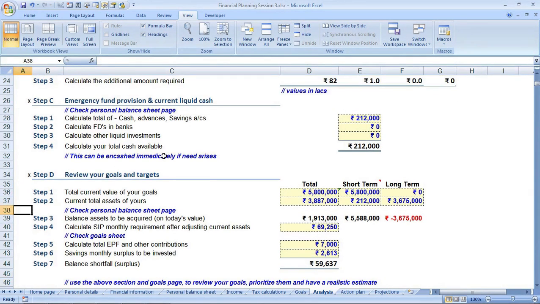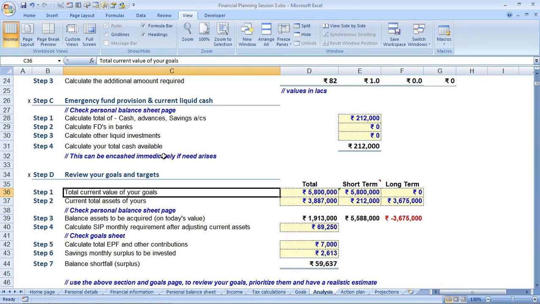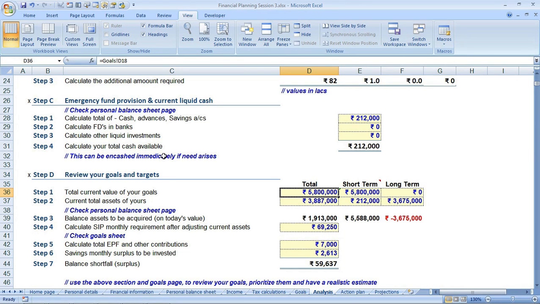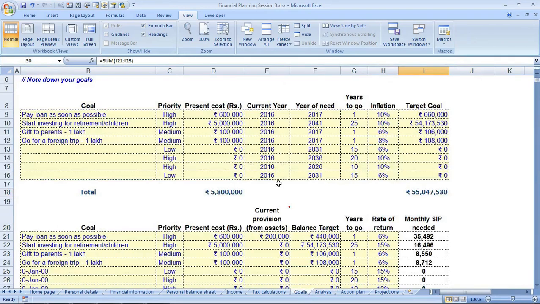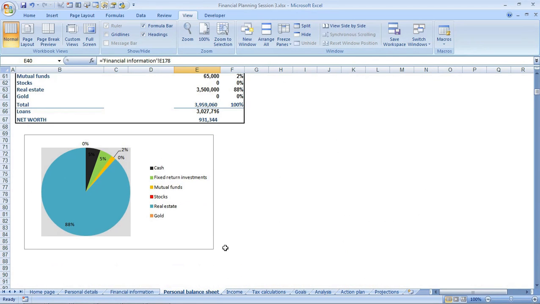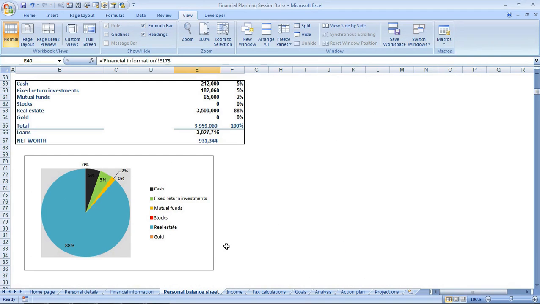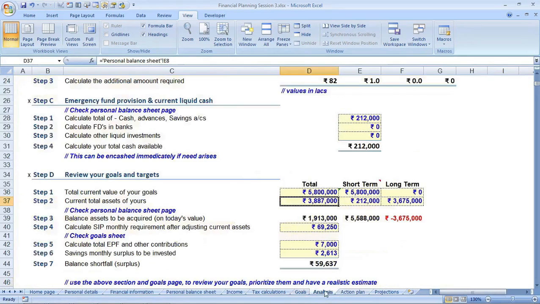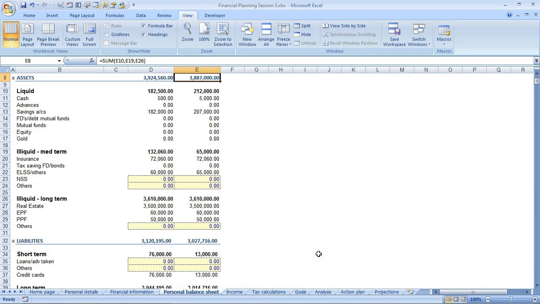The next step is reviewing the goals and targets. So this uses the data from the sheet which I have analyzed. So his goals, total value of goals is around 5.58 lakhs, out of which his total assets is 38,000.